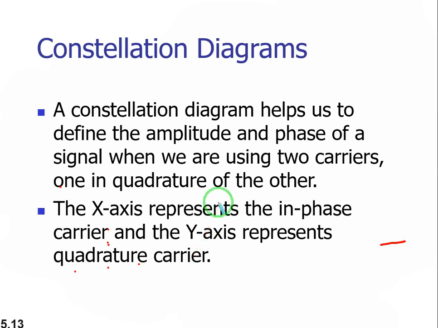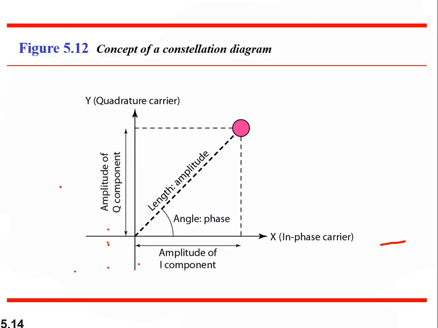Coming to the constellation diagram, which is a simple one. A constellation diagram helps us define the amplitude and phase of the signal when we are using two carriers, one being quadrature of the other. The x-axis represents the in-phase carrier and the y-axis represents the quadrature carrier. Let's see this example diagram.